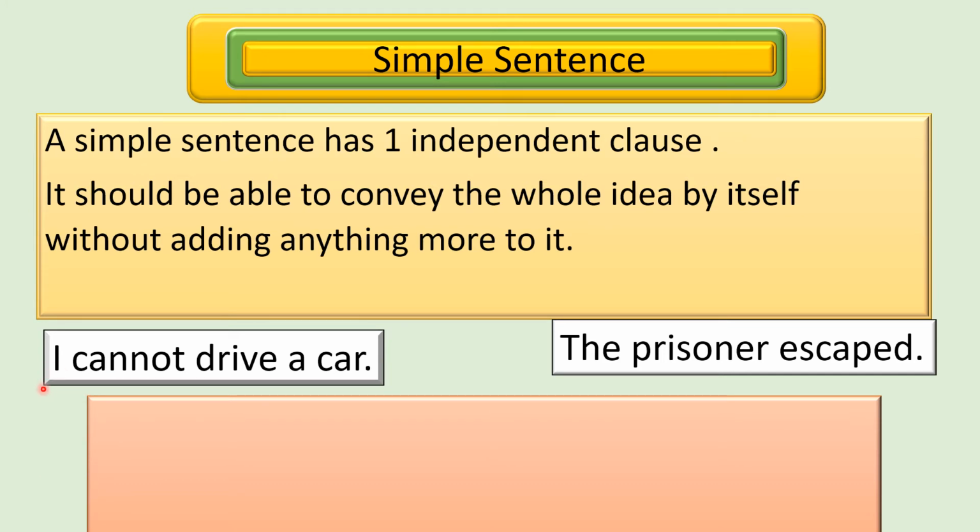That it has a subject, it has a verb, and it gives me a complete thought. It's not giving me an incomplete meaning. I cannot drive a car. This is categorized as an independent clause. You don't need to add any other words to complete the meaning. Second, the prisoner escaped. Idea is complete, thought is complete, meaning is complete. There's nothing lacking.